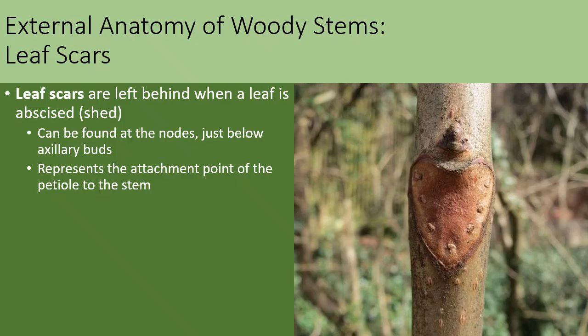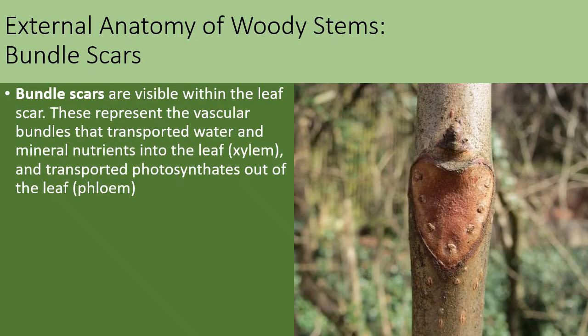On this horse chestnut stem, you can see this heart-shaped scar. That's where the petiole of the leaf attached to the stem, and they're always going to be found at a node, usually just below an axillary bud. Within that leaf scar, we can see the bundle scars. In this leaf scar, we count 1, 2, 3, 4, 5, 6, 7 bundle scars.